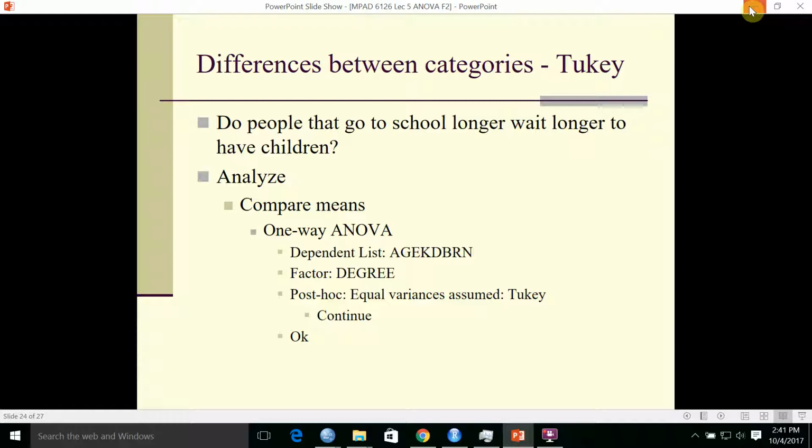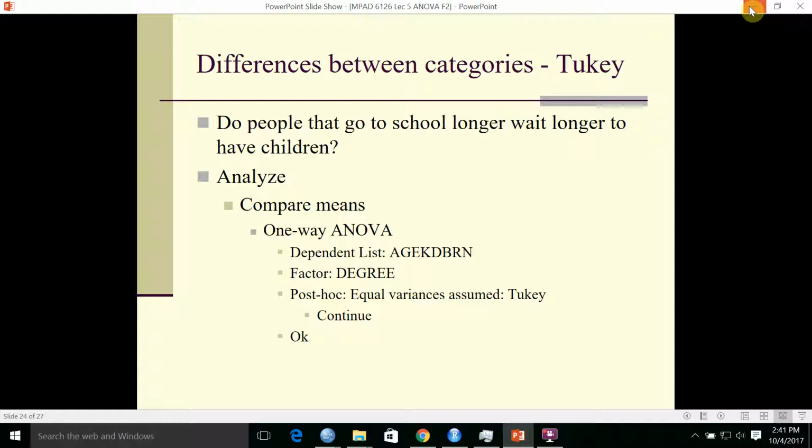That's the test in SPSS. And then the dependent variable is this age KDBRN, or age kid born. And then the factor is the categorical variable that we care about, and that is the degree.